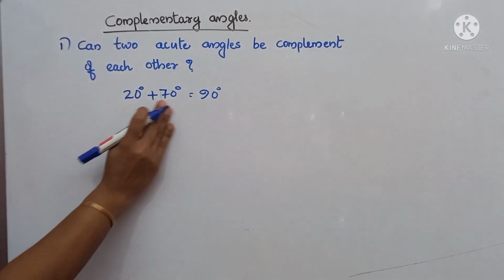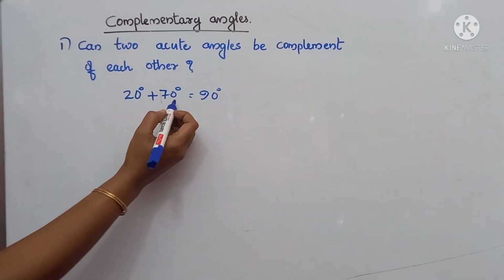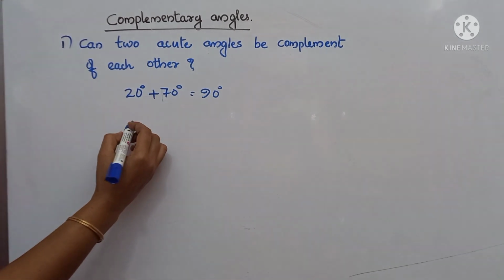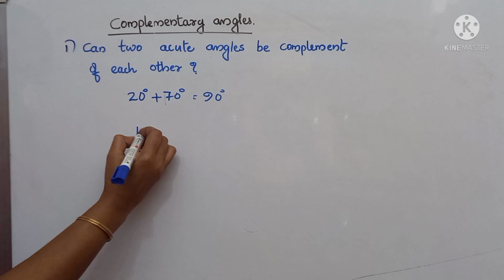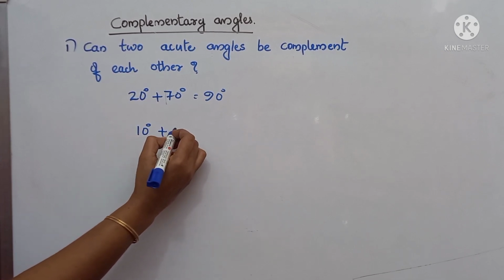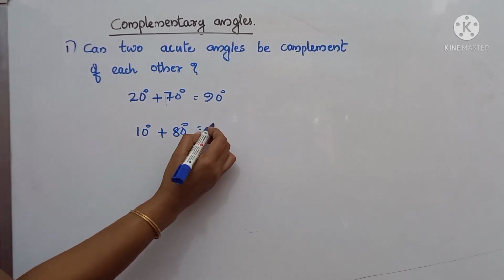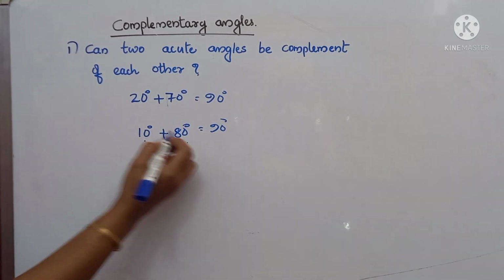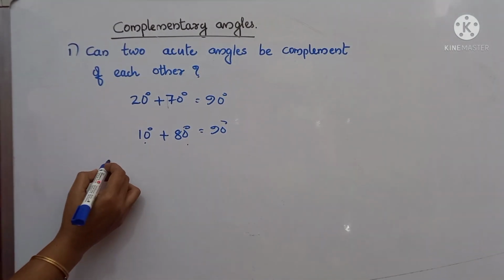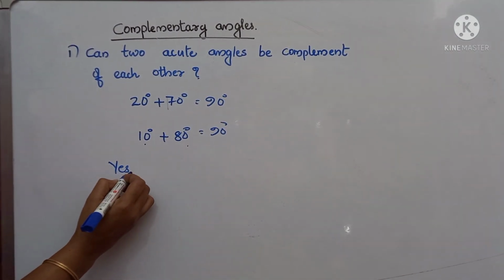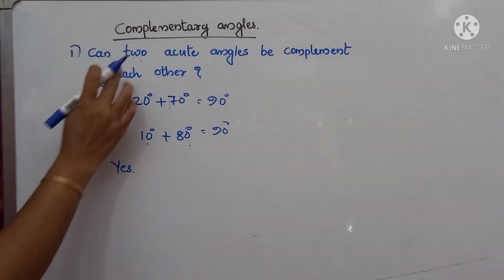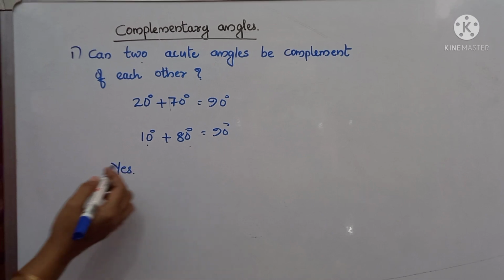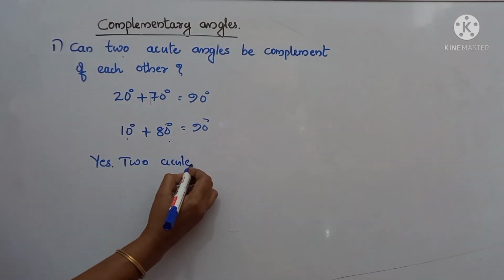Here you can see this 20 degrees is acute, 70 is acute. If you take one more, 10 degrees and another one 80 degrees, that is equal to 90 degrees. Here both are acute angles. So our answer is yes. Two acute angles can be complement of each other.